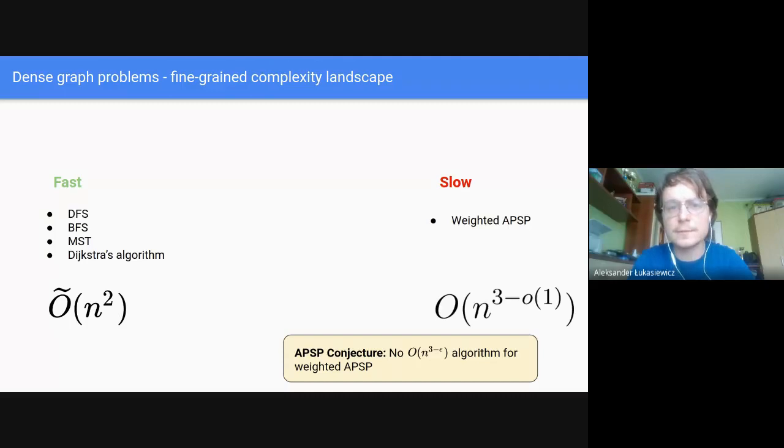And there is a simple algorithm that does that in n-cubed time. However, there hasn't been any considerable progress in this problem. So we don't know any much better algorithms, and it's actually a popular conjecture that it cannot be done.